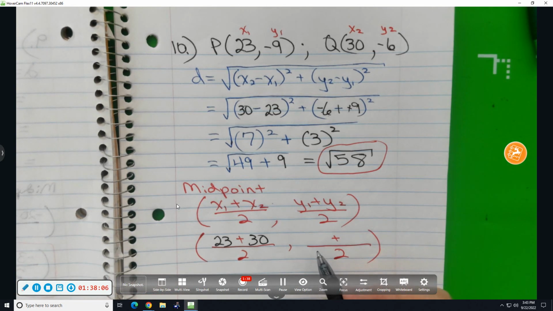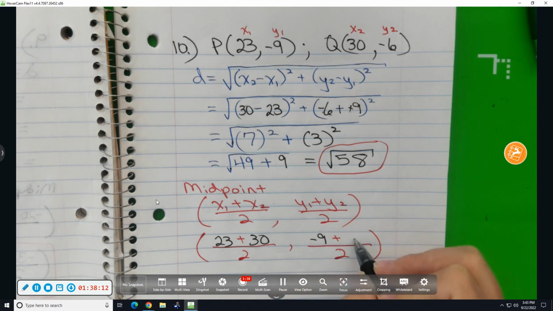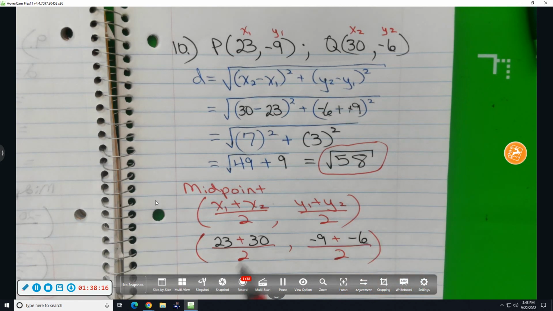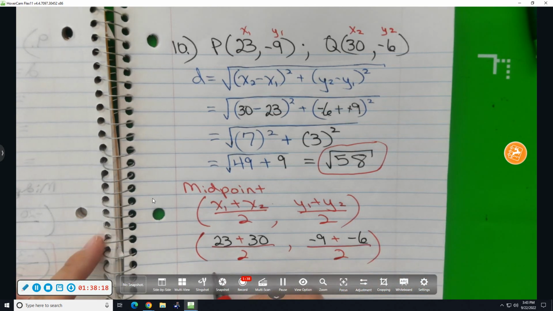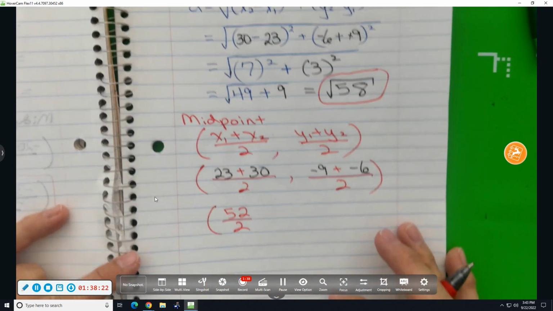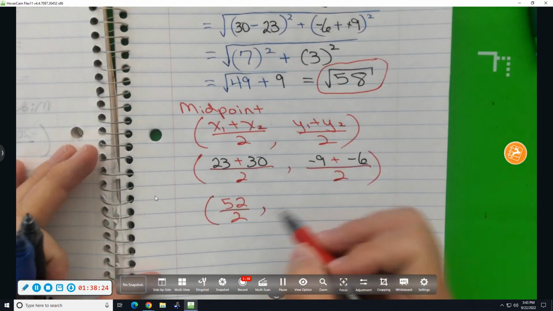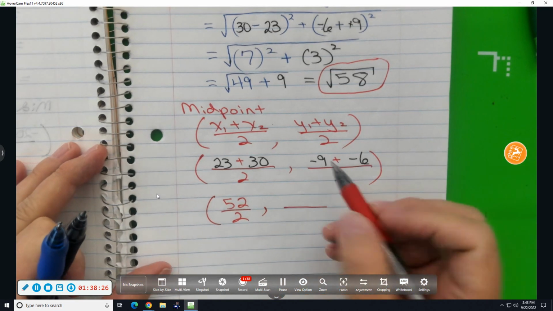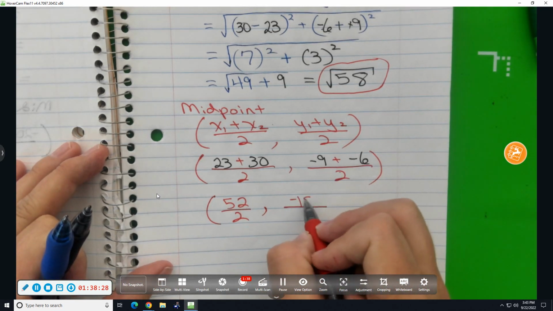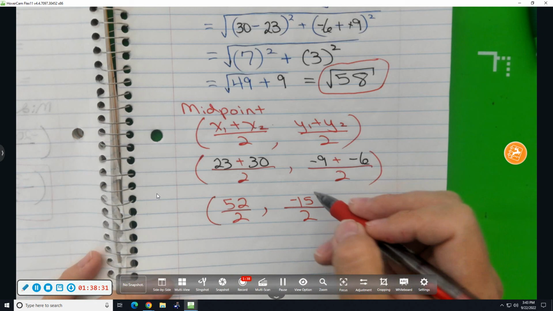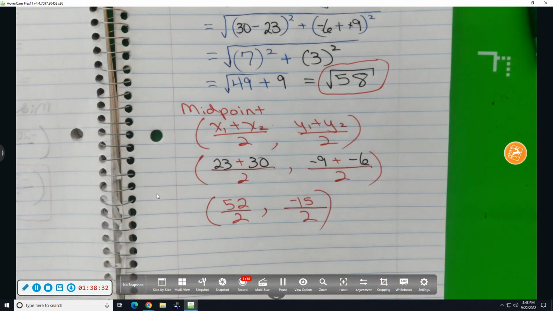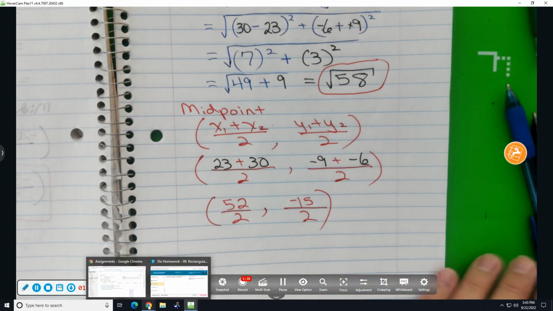Adding the y values here, -9 plus -6. So that's 53 divided by 2, and the other one would be -15 over 2. And this time we're going to do what the instructions say and type it in as fractions.